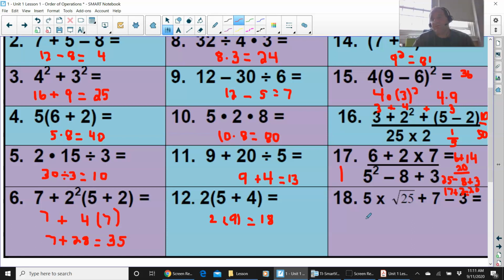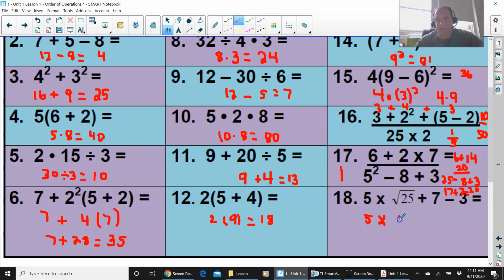Going down to 18, we have 5 times square root of 25 plus 7 minus 3. Very confusing to look at, but let's see what we could do first. I'm going to take care of this square root of 25 because it's actually bothering me. I want it to be just like a regular number. 25 is a perfect square. So square root of 25, what times what equals 25? By hand, 5 is the answer.